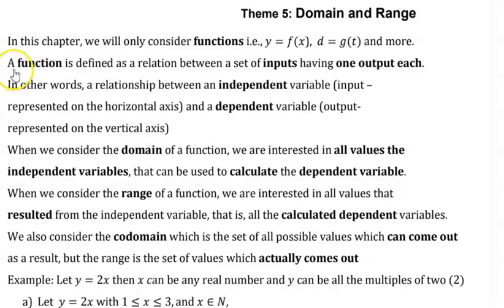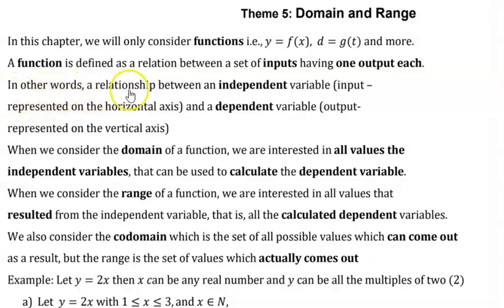So let us see what is a function. A function is defined as a relation between a set of inputs having one output each. So for each x value, we will have one y value, or for each t value, we will have one d value.